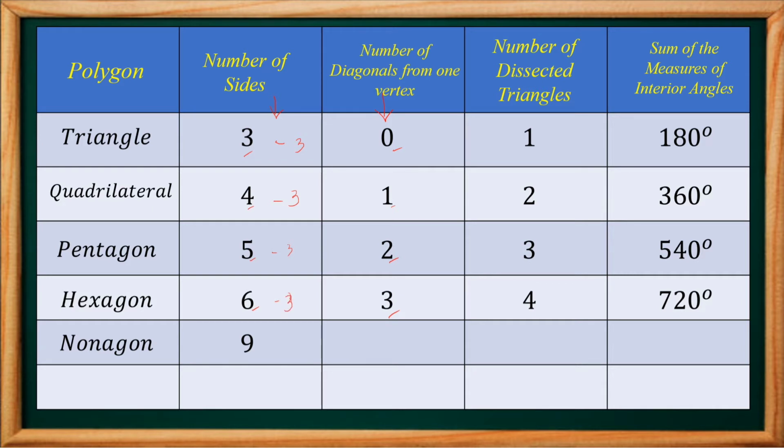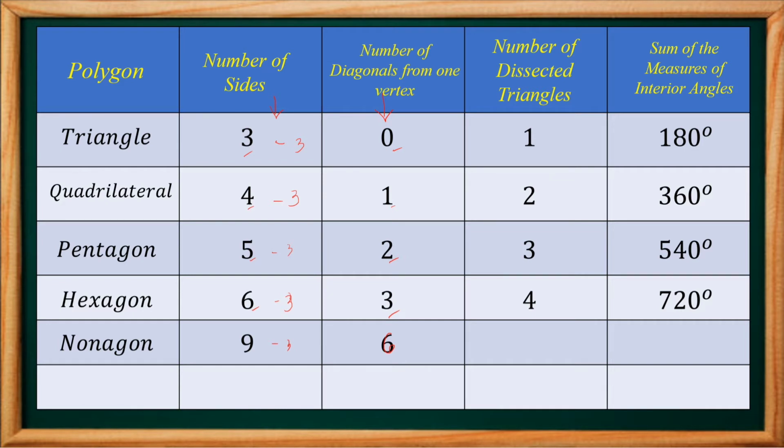Okay, how about if we subtract 3 from this one? The answer is 6. Now, how about the number of dissected triangles?